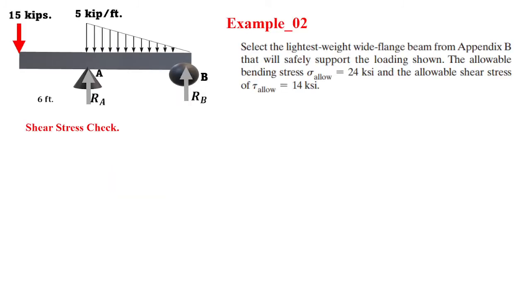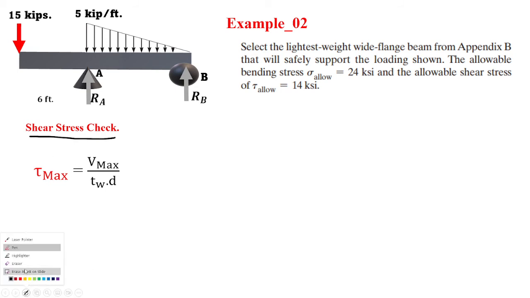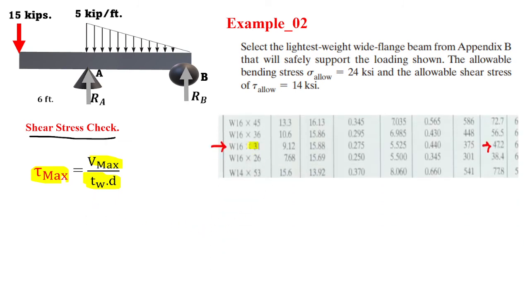As soon as we have our section, we can check the shear stress. You just need the calculation for tau max, and that's V maximum over the area of the web. If you look at the W16 table, the TW times depth is 9.12, then no, my bad, that's the total area.